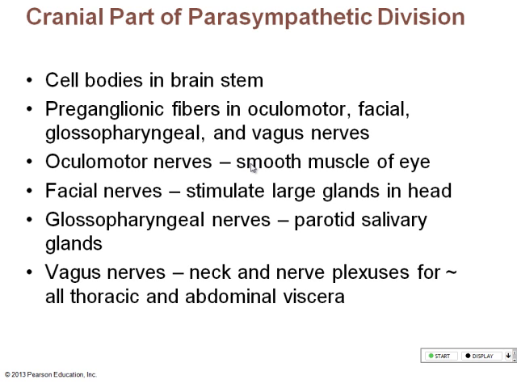Oculomotor nerves, those are going to help with smooth muscles of the eye. Facial nerves, stimulating what? Things in the face region. So large glands in the head. Any idea? Large glands in the head? Glands.